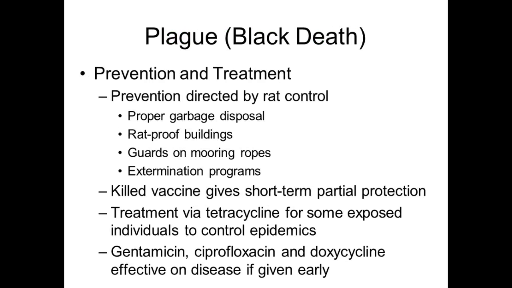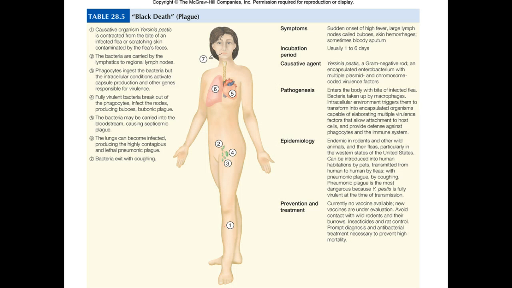The really scary thing with this one, I don't think I have it on this slide. Do they talk about it here? Yeah. So the lungs can also get infected. Normally you could get a bite, but if you inhale the feces or the sputum and you get an infection in your lungs, that's referred to as pneumonic plague. And that's really scary.